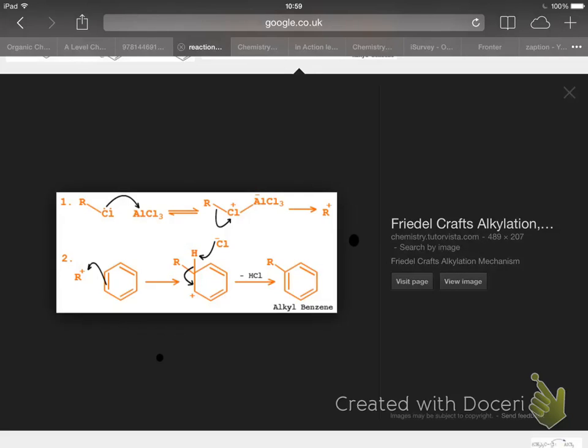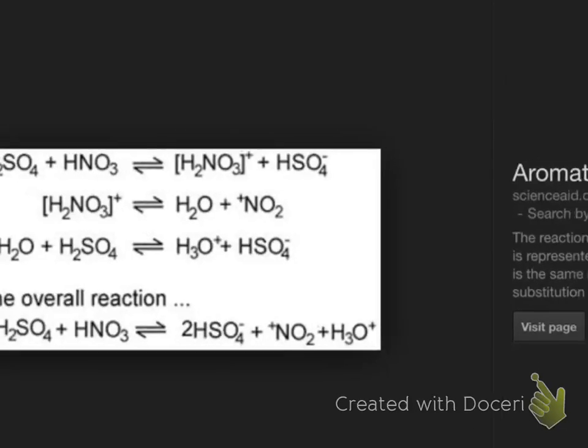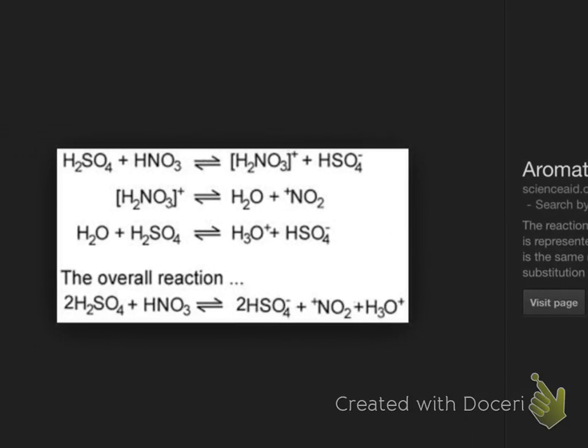Okay, if we look at the specific reaction for nitration, in the nitration we're starting off with sulfuric acid and nitric acid to make my NO2 electrophile, and we also have HSO4 as a byproduct.